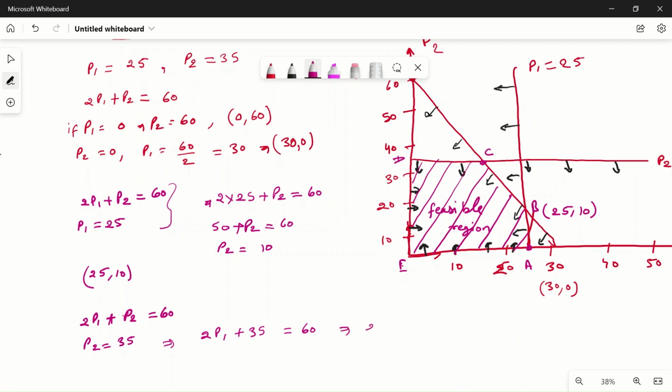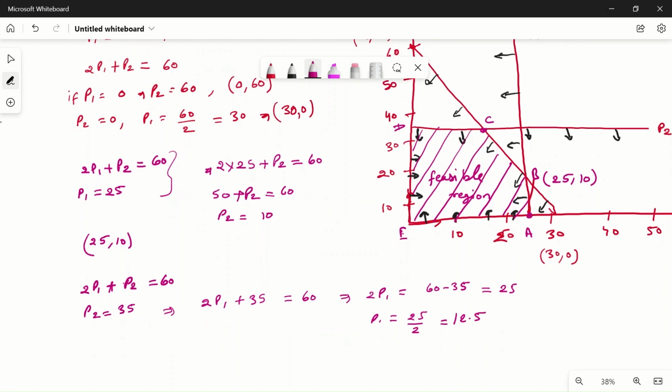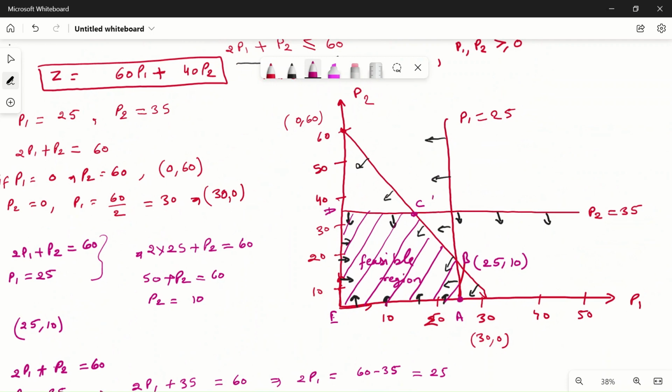From here we will get 2p1 is equal to 60 minus 35, which is equal to 25. So p1 is 25 by 2, which is equal to 12.5. So our point is 12.5 and 35. So this point C is 12.5 and 35.